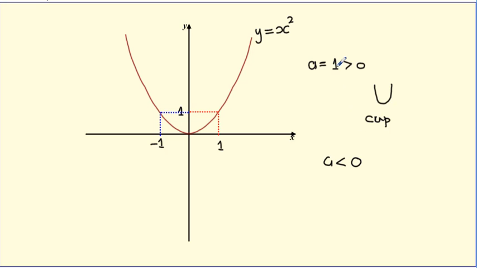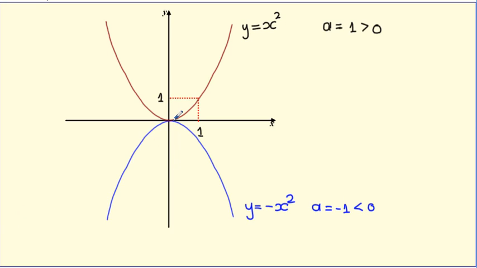Now we were taking a greater than 0. Now we could take a equals minus 1 in this case, which is less than 0. So what we're going to get is the following. The standard graph will still continue going cup up that way.